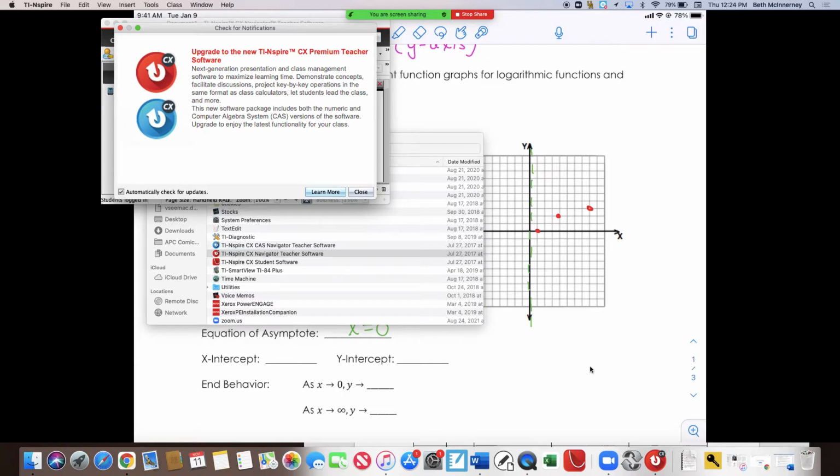And then you should be able to make a graph, and there it is. Okay? All right, so here we go.